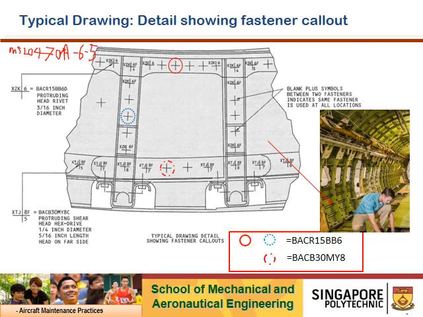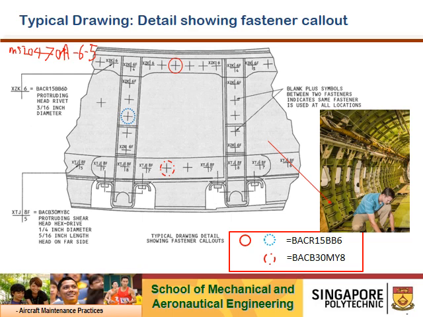So this is actually a part number. Military standard 20470. So if you work on a Boeing, in this case this is Boeing, it's actually BAC, and it tells you that Boeing has their own standard. So BAC represents Boeing spec and R is rivet. This is how the code runs, and 15 is just a number.